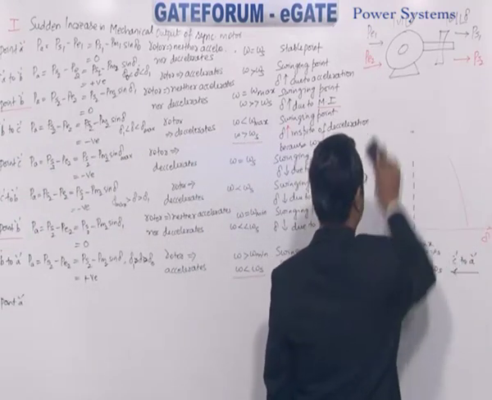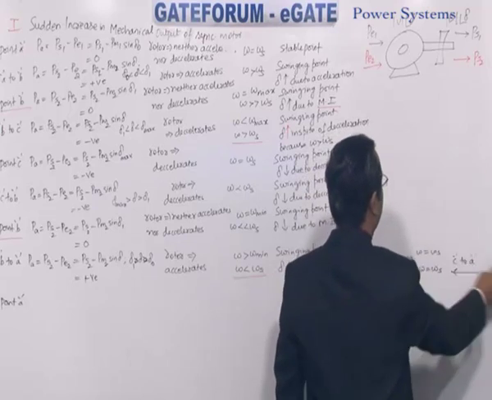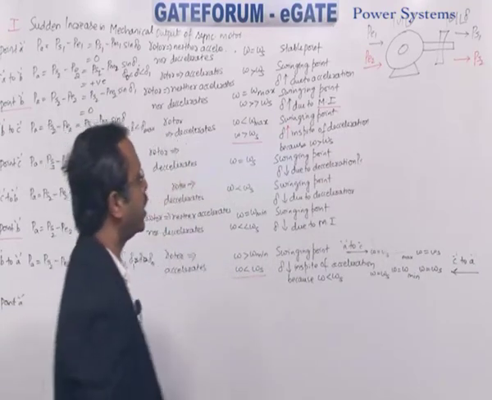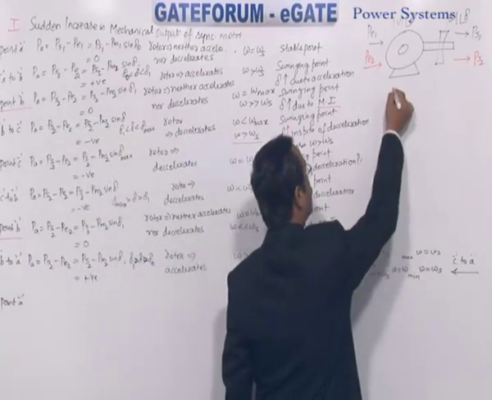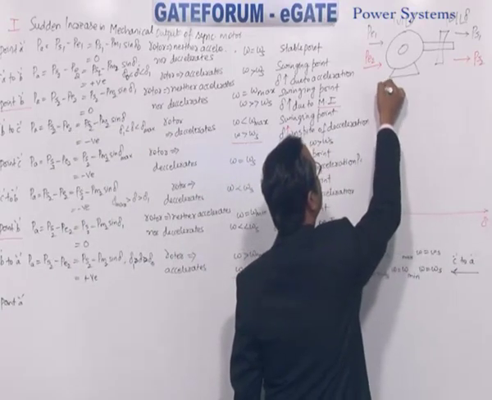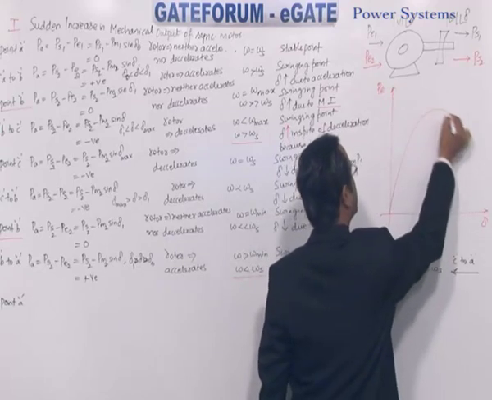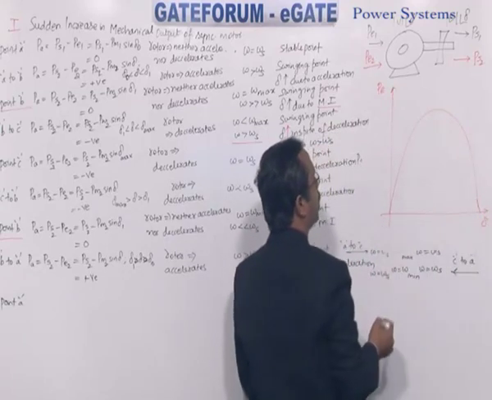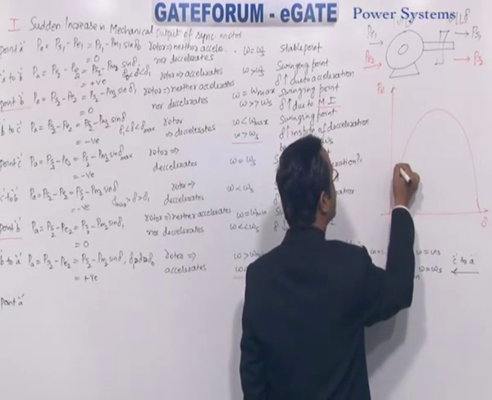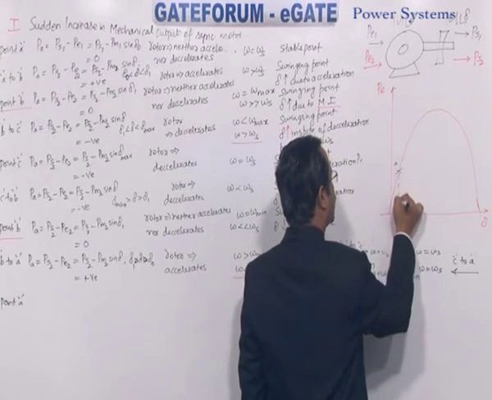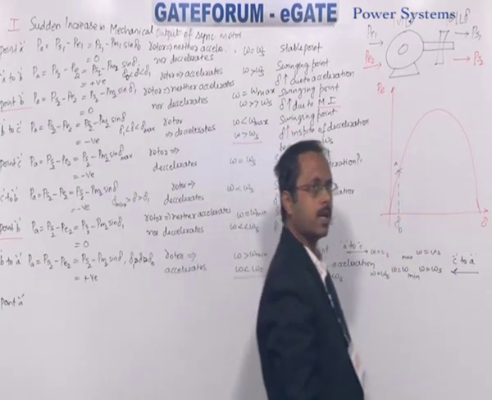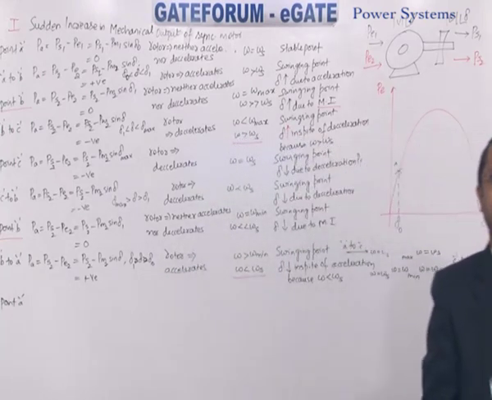So again we have to analyze by drawing the power angle curve. You represent delta and here it is P. On this power angle curve, the initial operating point you always call A, and the corresponding load angle is delta naught.